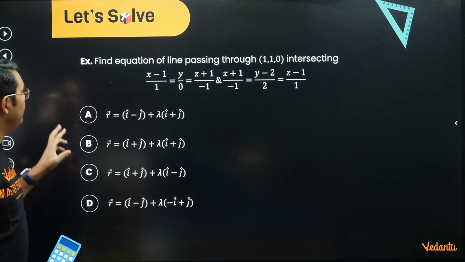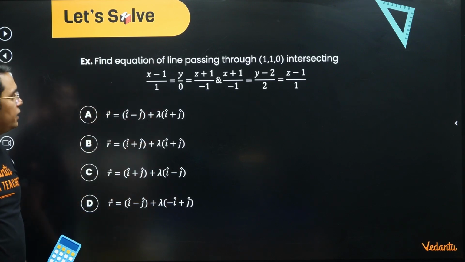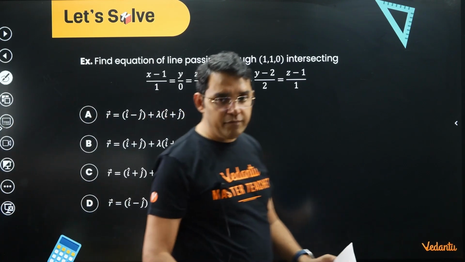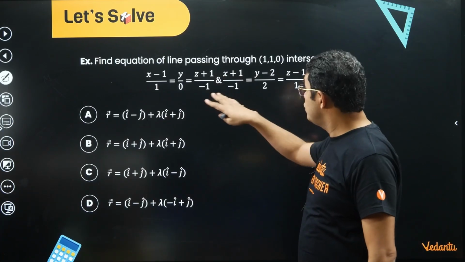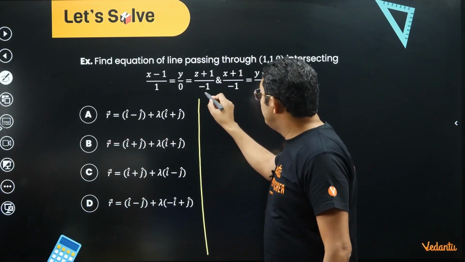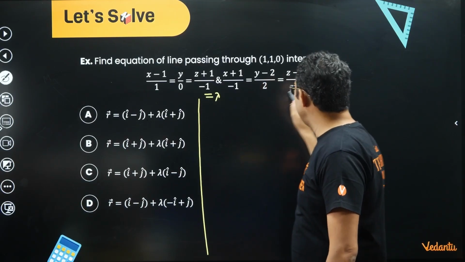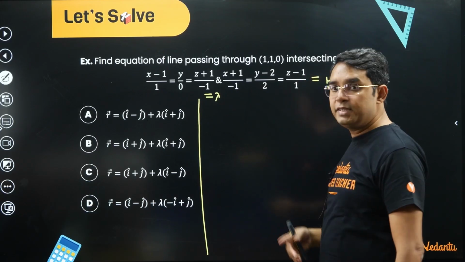Coming to this question where we are given: find the equation of the line passing through 1, 1, 0 and intersecting these two lines. Now when we have to find a line intersecting two lines, the best approach in my opinion is you take one point on this line in terms of lambda, and take one point on this line in terms of, let's say, mu.